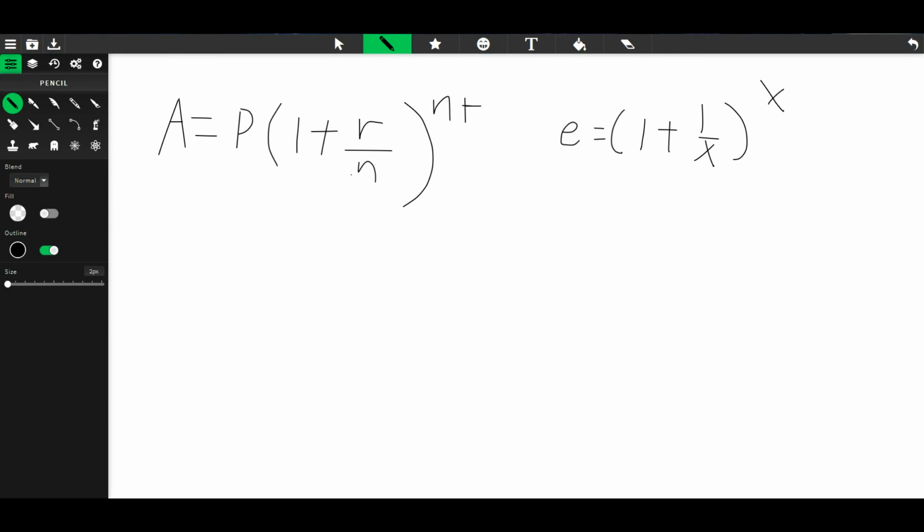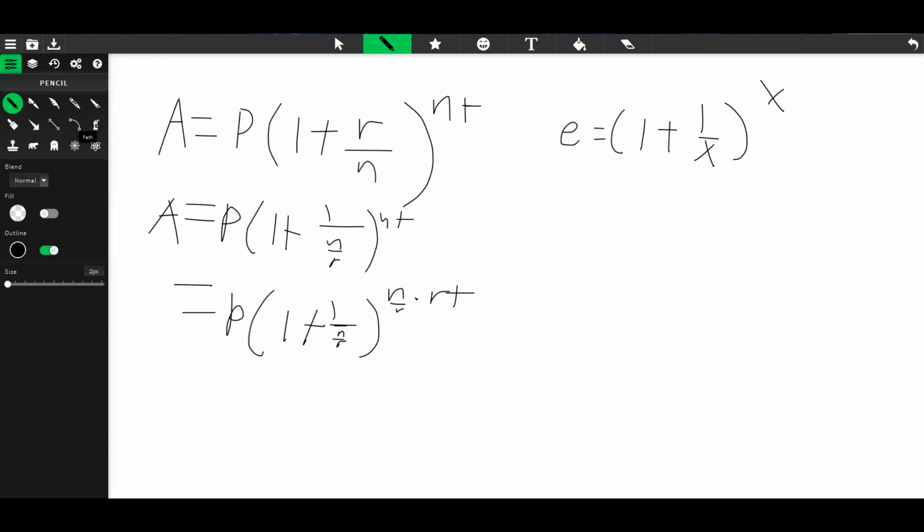We're going to turn that into 1 over something. So we're going to turn it into this. Now that we have this, we can make the exponent something like that too. So we have n over r over here. So we can turn that into this. So we have something like this.